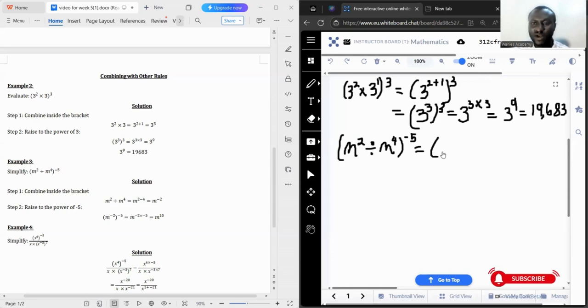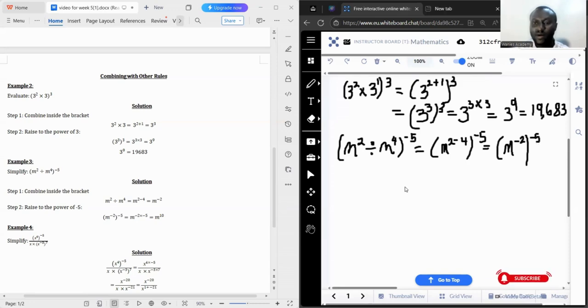We evaluate the bracket first, that is m raised to power 2, division turns to minus 4, close bracket, negative 5 still remains outside. Then, open bracket, m raised to power 2 minus 4 makes it negative 2, close bracket, negative 5.